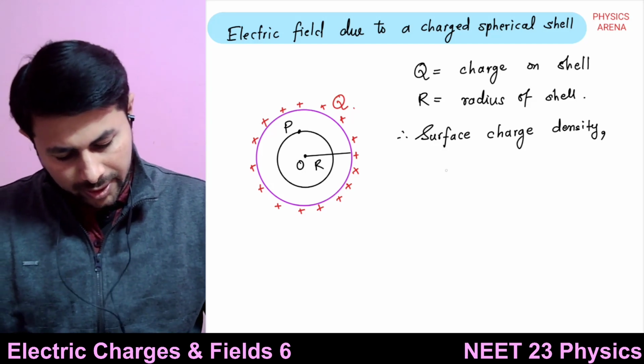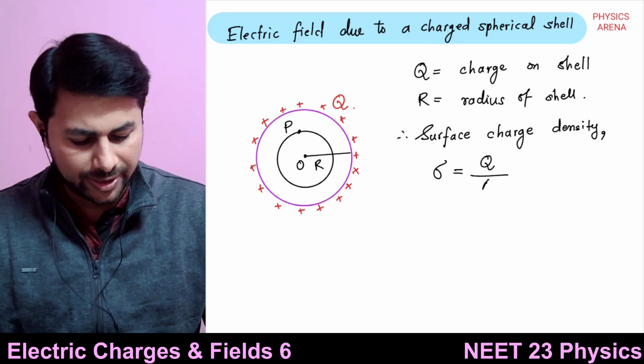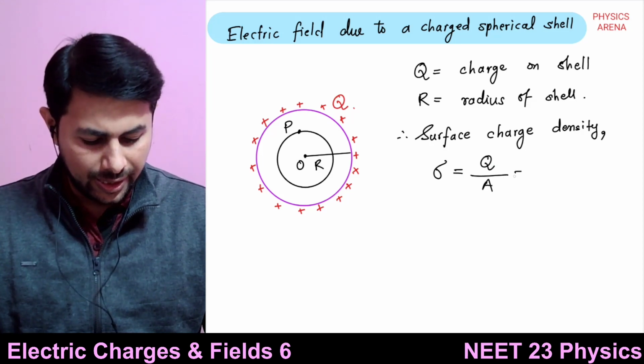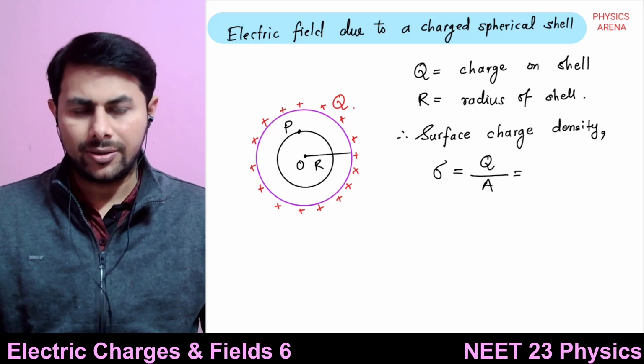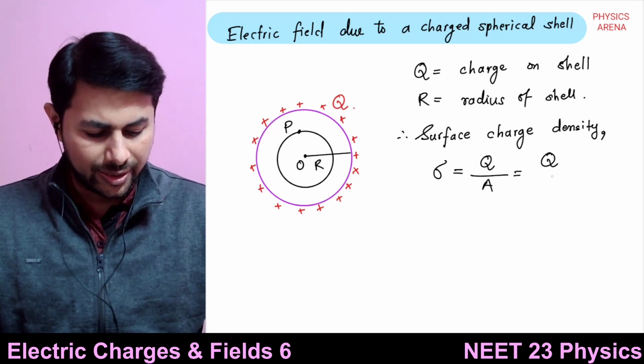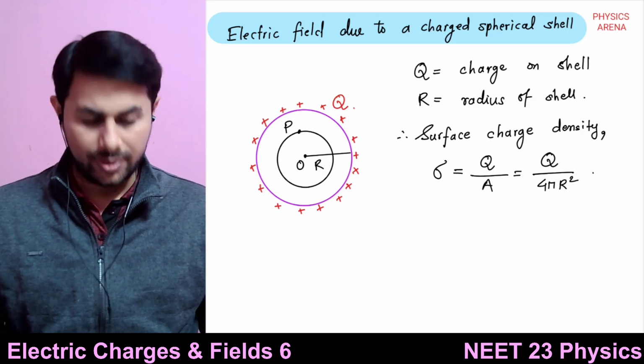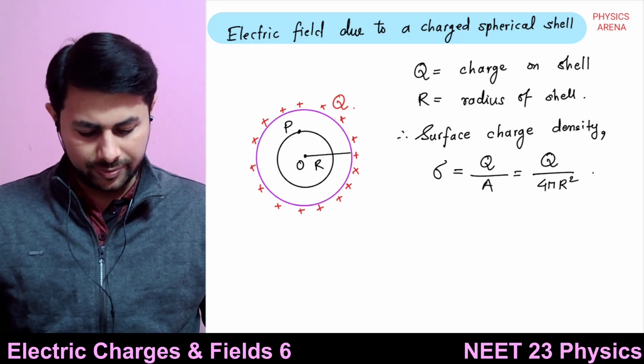Right. So surface charge density sigma is equal to charge divided by surface area, Q upon A. And how much is area of a sphere? Area of a sphere is 4 pi r square. So it is Q divided by 4 pi r square.